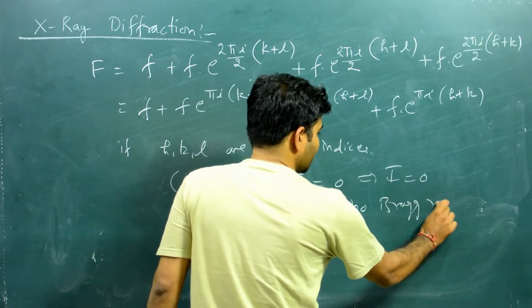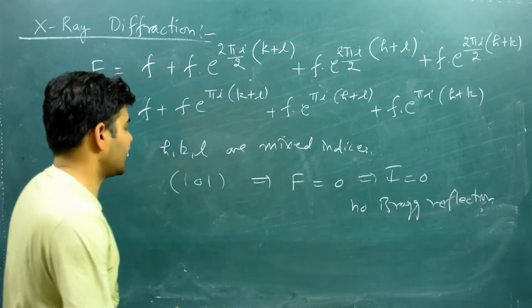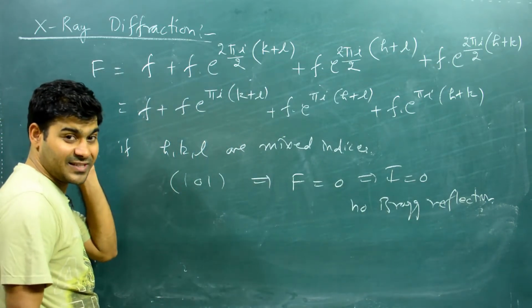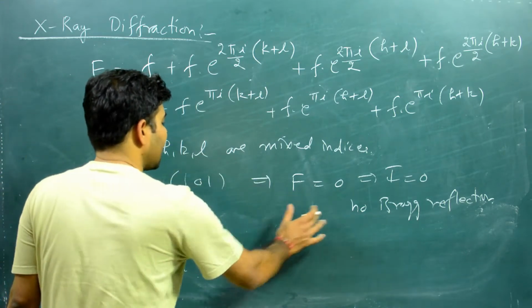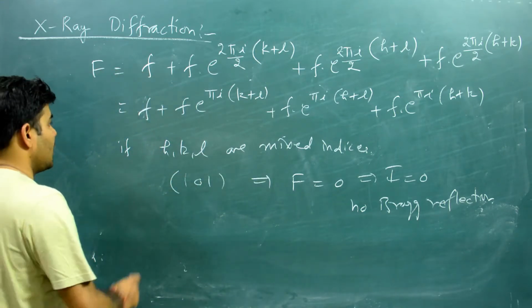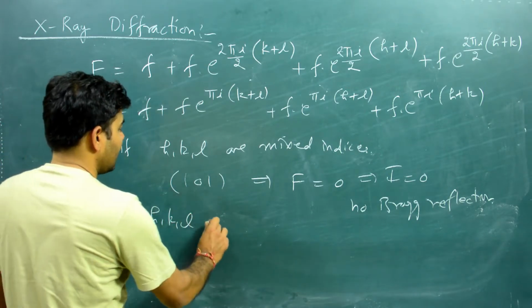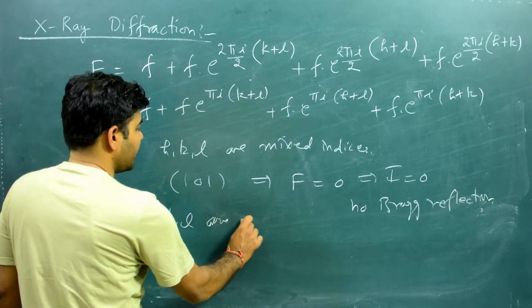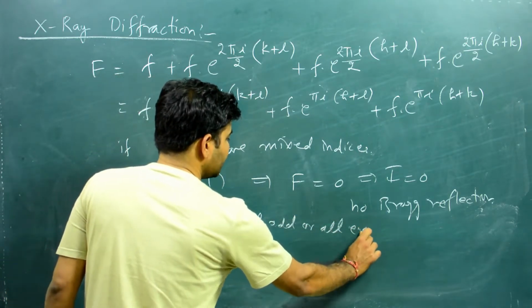For those values of h, k, l which are of mixed nature, we do not get any diffracted beam. But if h, k, l are all odd or all even, then the sum of two odd numbers is even and the sum of two even numbers is again even.